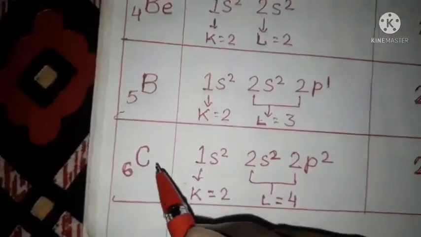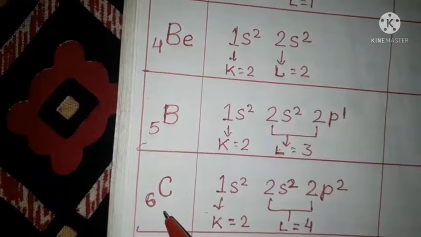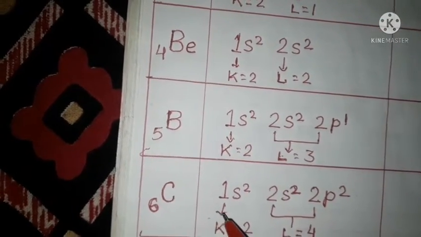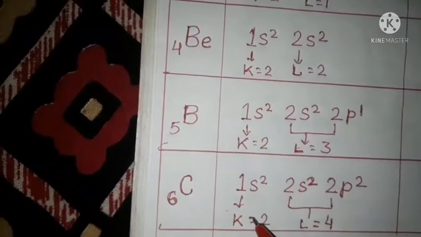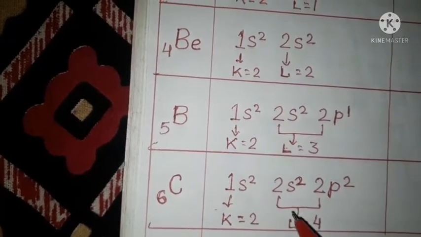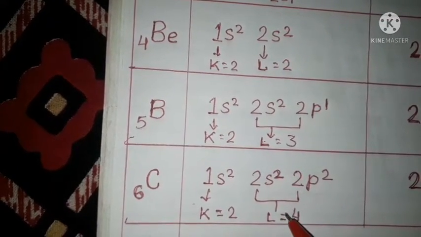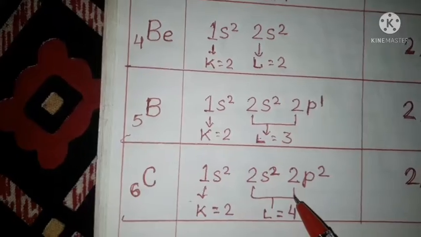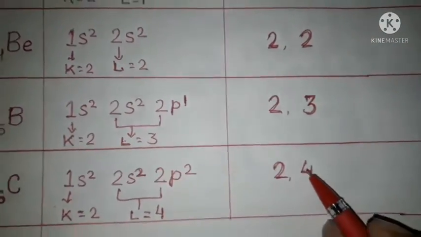In this way we write carbon also, in which Z of carbon is 6, so we write 1s2, in which K shell has 2 electrons present, and 2s2 2p2, in which L shell has 4 electrons included. So we write it 2 and 4.